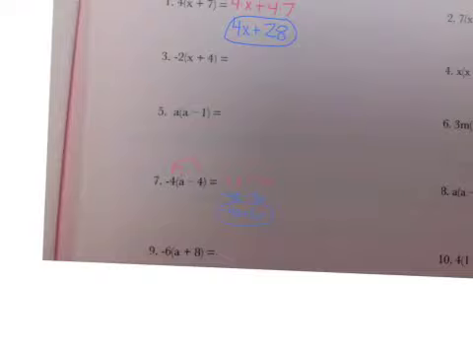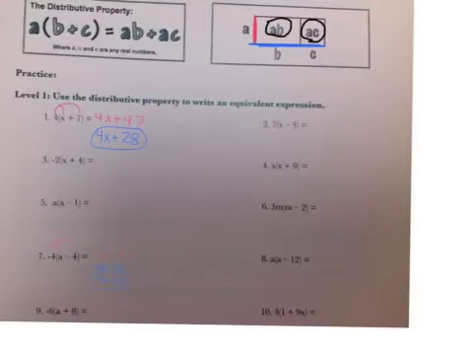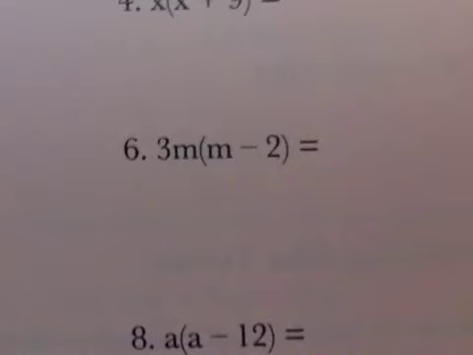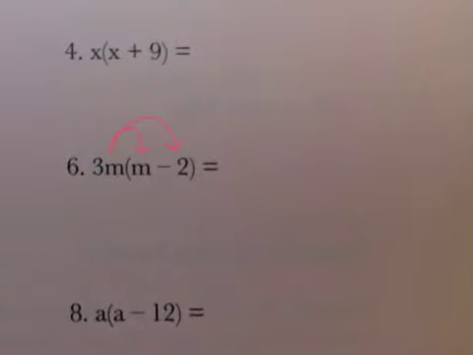I want to look at what happens when you do a variable times a variable. Let's look at number 6. This time we're distributing the 3m to both parts inside the parentheses. So we have to do 3m times m, and then I'll rewrite the minus sign, and then 3m times 2.